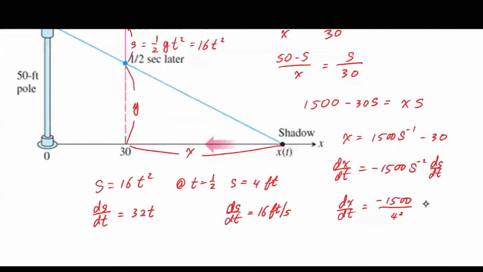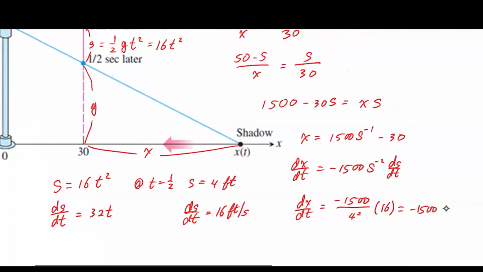Oh, actually, never mind. They cancel, right? The 16s cancel. That's great. And 1500 feet per second squared. How about that? Oh, that worked out nicely. I think it's designed by the problem. You get it? Any questions?